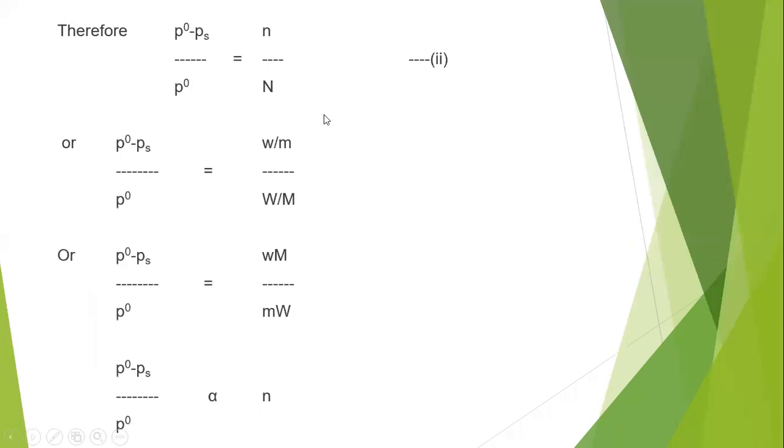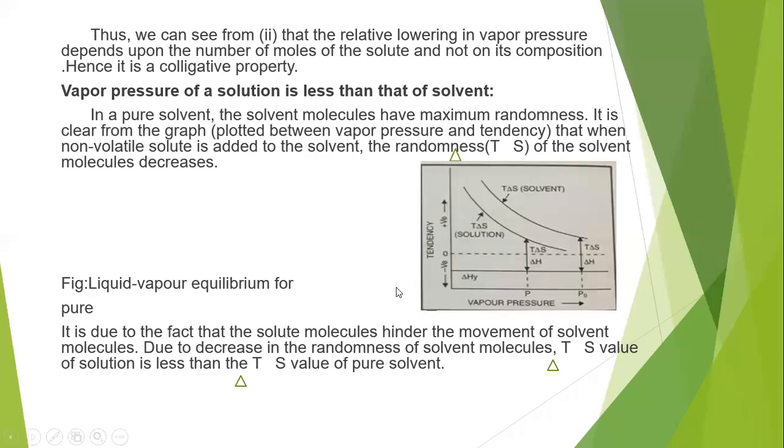If we discuss this equation, the relative lowering of vapor pressure depends only on the number of moles of the solute, but not on the nature of the solute or the nature of the solvent. A property of any solution which depends only on the number of solute particles is what we call a colligative property.